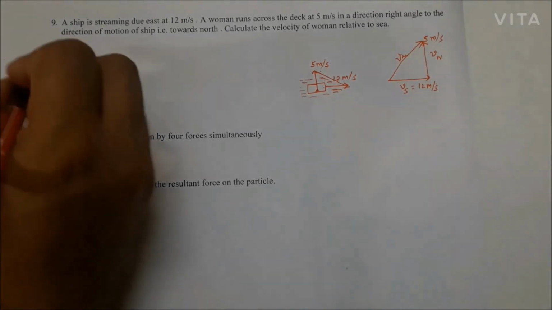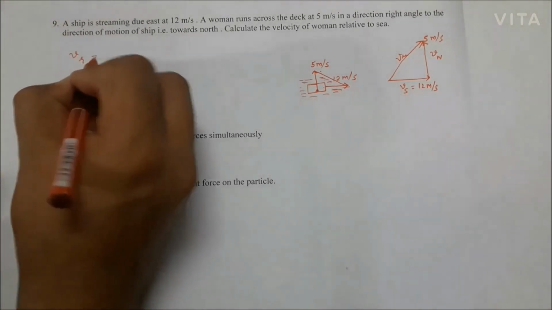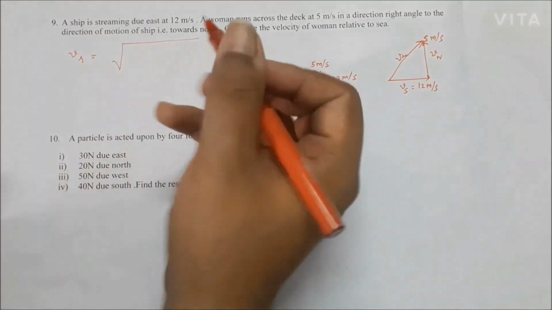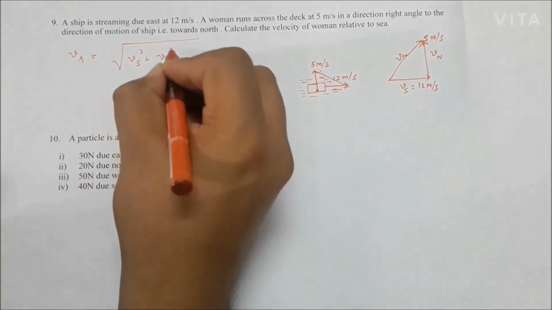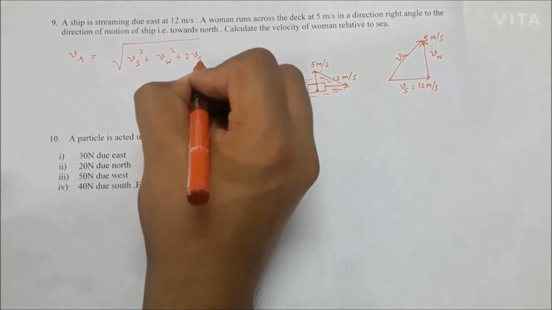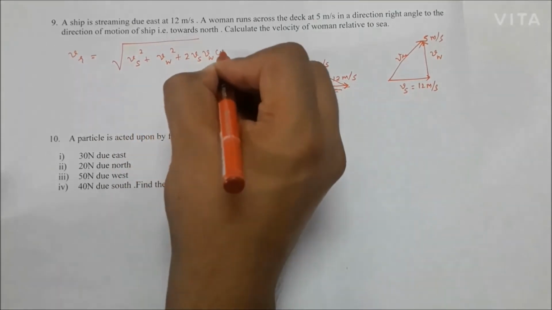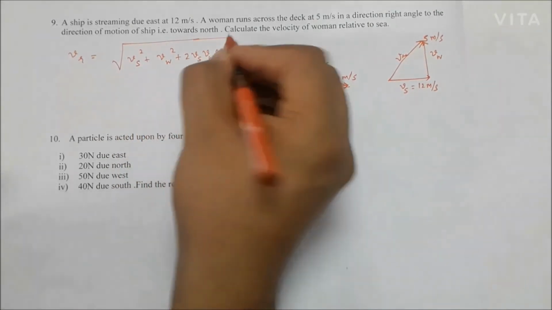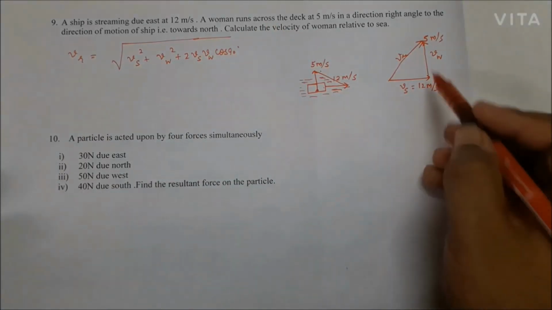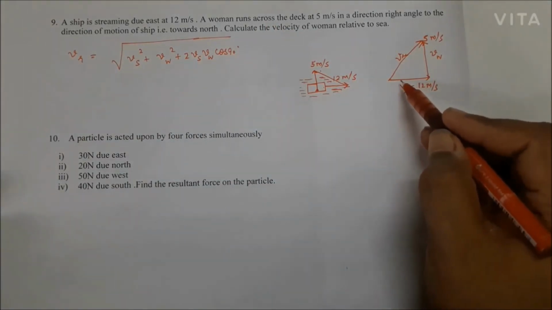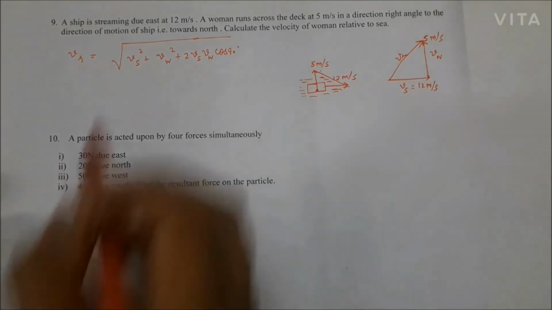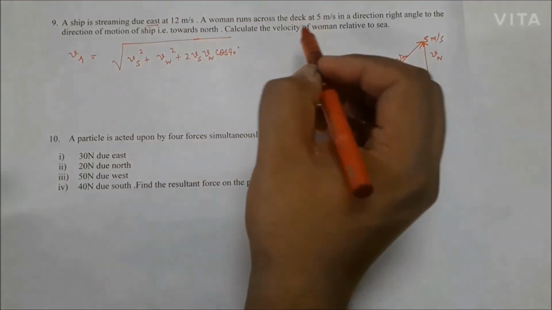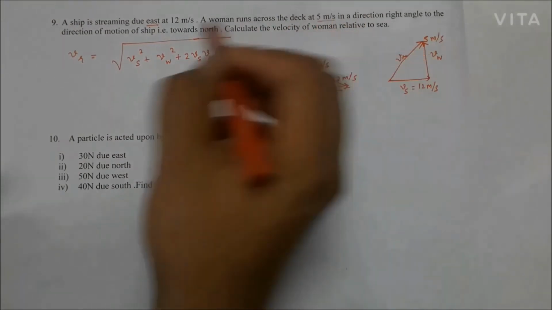Now what is the formula of V resultant? V resultant is given by under root of velocity of ship square plus velocity of woman square plus 2 times velocity of ship, velocity of woman cos 90 degree, because the angle between the north direction and east direction is 90 degrees. Okay, so देखो, the ship is moving in east and the woman is moving in north.